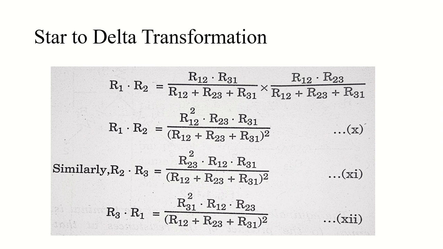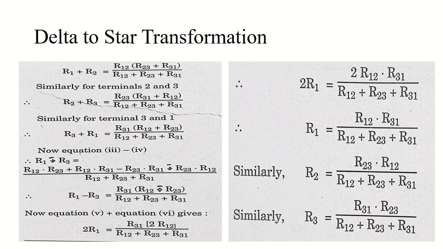Now again, let's take the multiplication of R3 with R1. So when we take the multiplication of R3 with R1, what will we get? R3 into R1 is equal to R12 dot R31 into R31 into R23.